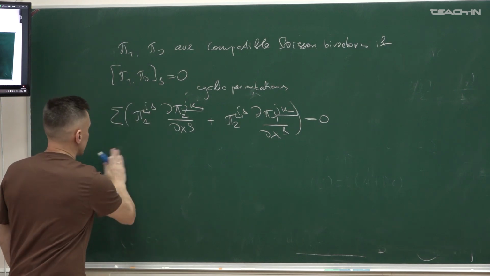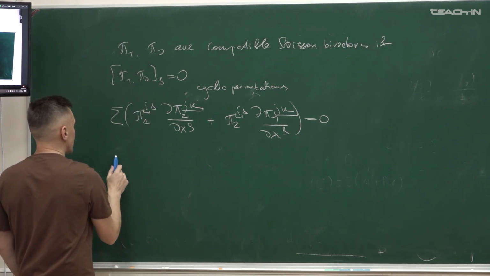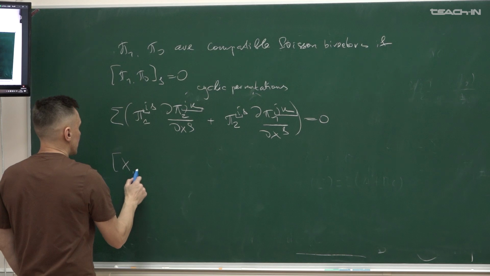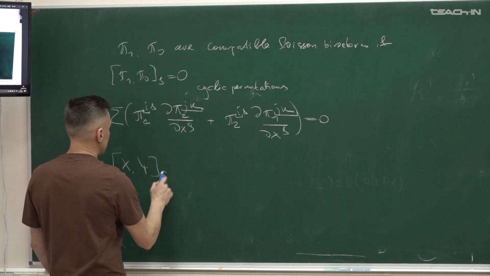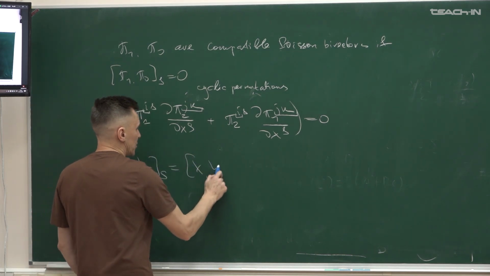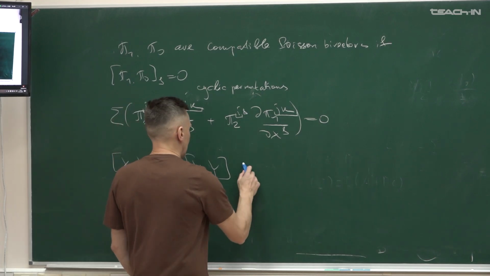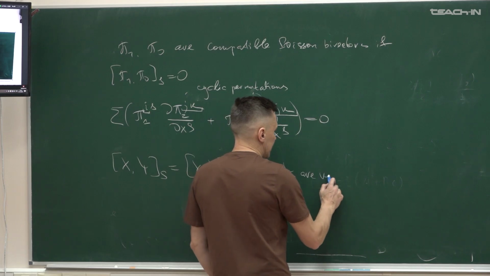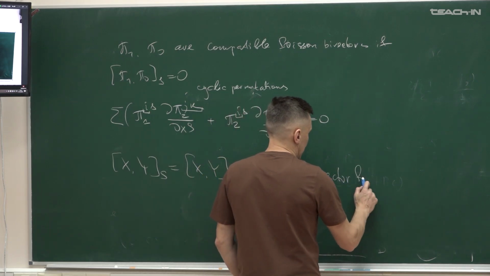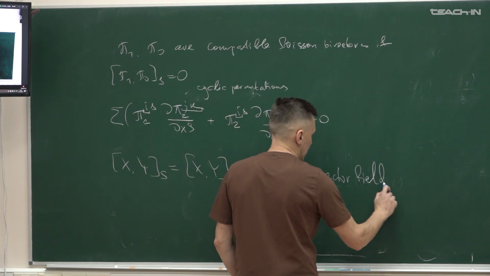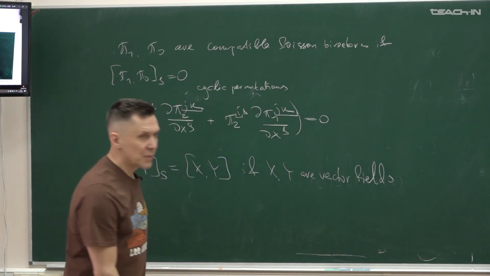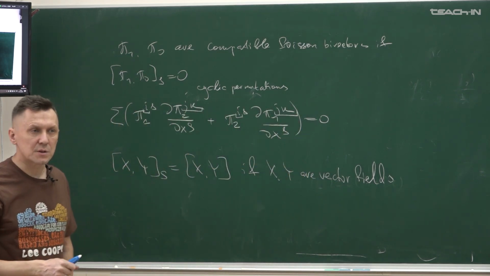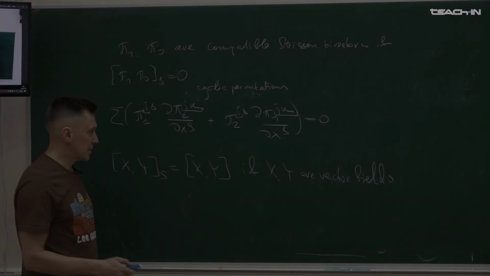Let us discuss this operation. So the Gaudin bracket on vector fields is just the commutator of vector fields x, y. Do you remember what is the commutator of vector fields?